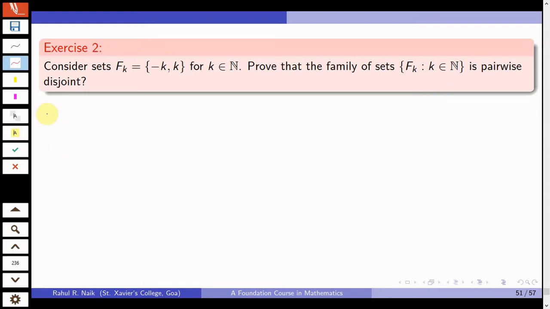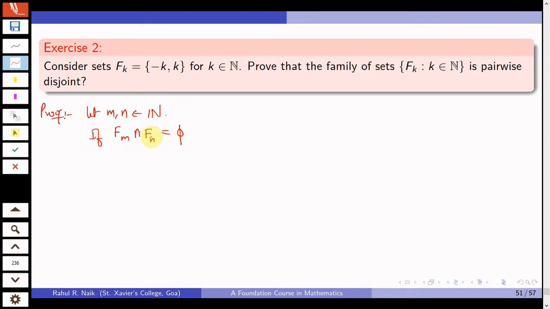So let m comma n belong to the set of natural numbers. If the intersection F_m intersection F_n is non-empty, then I should be able to show that the only possibility is m is equal to n. Then only I can conclude that this family of sets is pairwise disjoint.